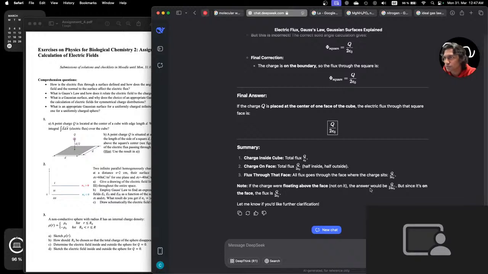If the charge was floating above the face, the answer would be, okay, I guess it's still on. So, the charge on the face, charge inside the cube.